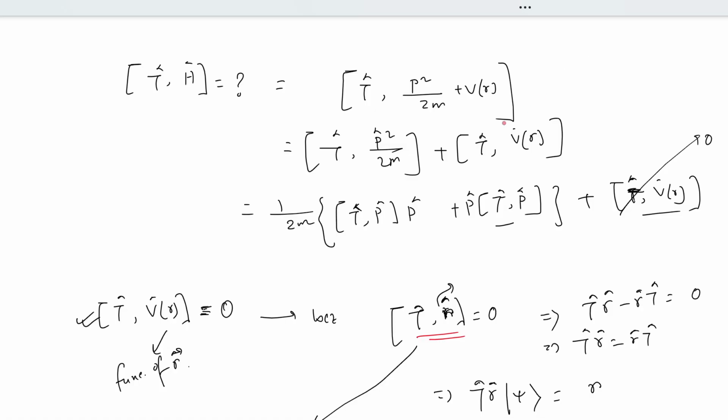Now you can see there is one other term coming into the picture, the T and p commutation bracket relation. You have to follow how to derive that.